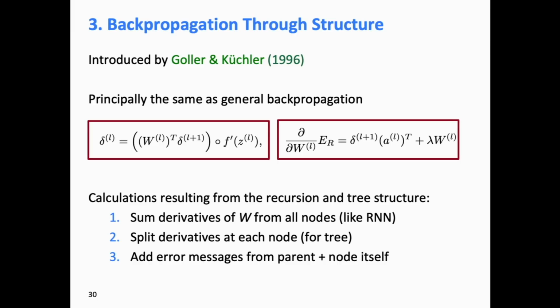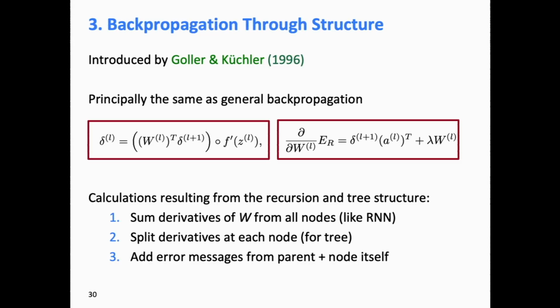A couple of Germans in the mid-1990s had started looking at tree-structured neural networks and had worked out the math of them. Corresponding to the backpropagation through time algorithm that Abby talked about when we were doing recurrent neural networks, they worked out the tree-structured case, which they called backpropagation through structure.